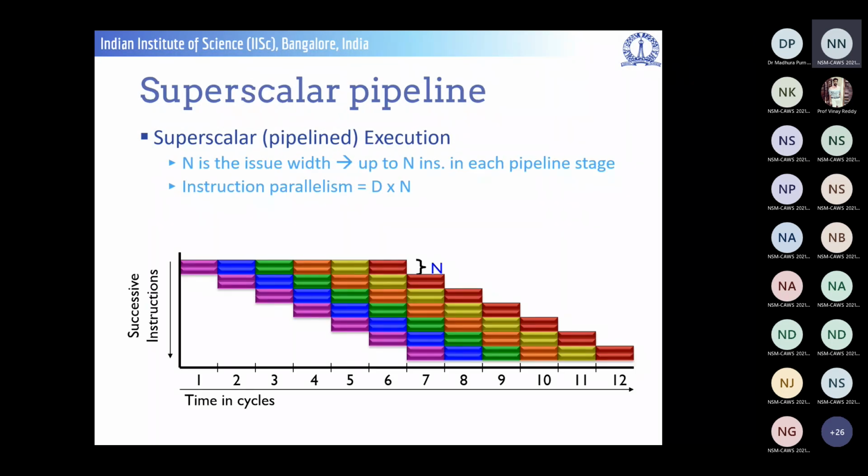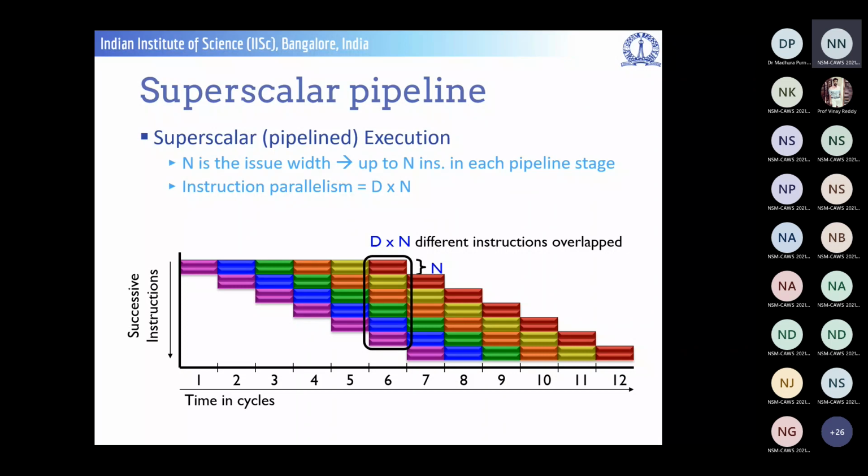So how would the picture look? It will look like this. We are still sticking to D pipeline stages, but now in each stage there can be n independent instructions. So when this superscalar pipeline is completely used, at any given point of time there could be D times n instructions in execution, or in flight.